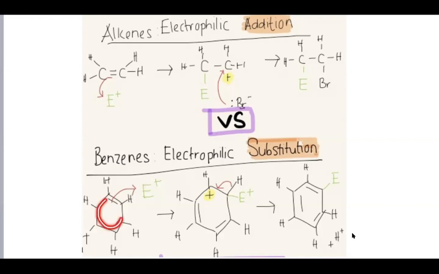Your benzene should be drawn with a delocalized system inside the ring. Okay, but I will show you, for the sake of comparing alkenes and benzenes, how similar they are. So what happens? Your benzene is rich in electron density, therefore it acts as a nucleophile. It attacks an electrophile which has a positive charge.